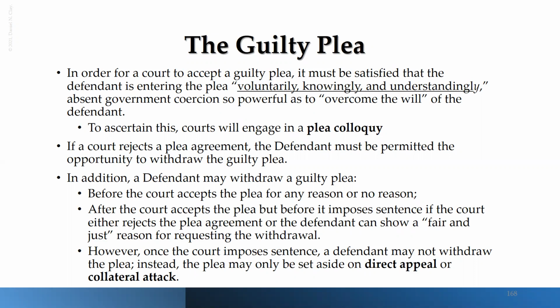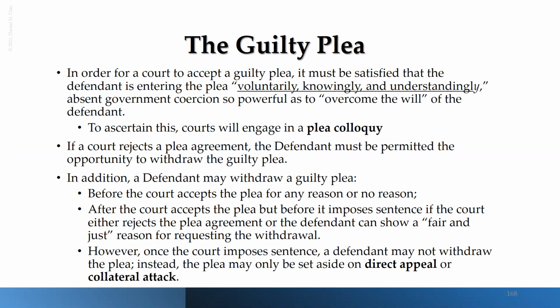Right? Instead, a plea may only be set aside on a direct appeal or what's called a collateral attack, where you're basically saying, I'm not guilty, I'm factually and actually innocent. Even then, it's very hard. Let's keep in mind, we have a lot of people in prison who've pled guilty to crimes that they did not commit.